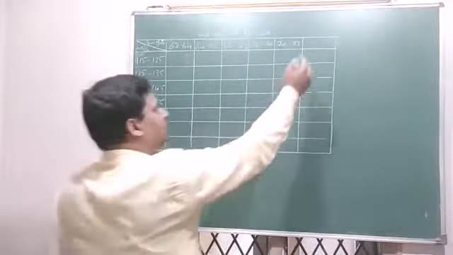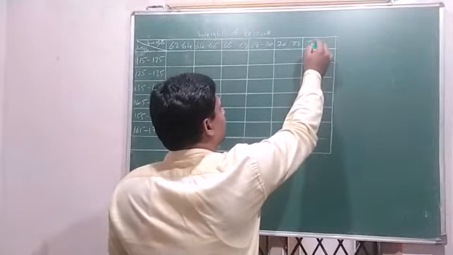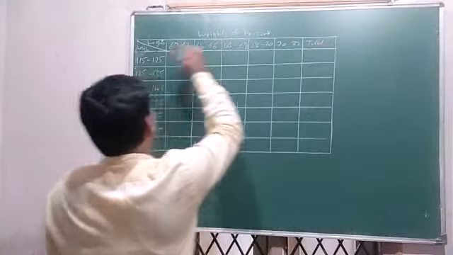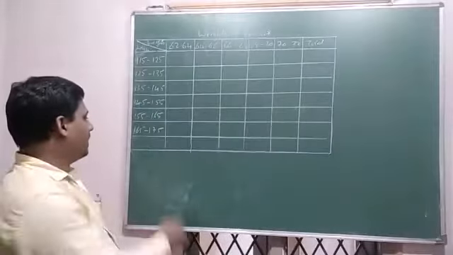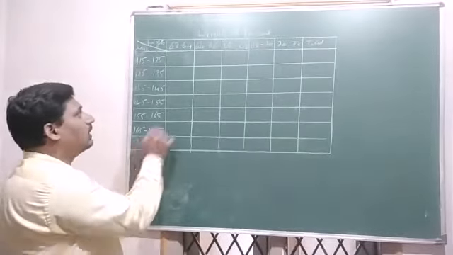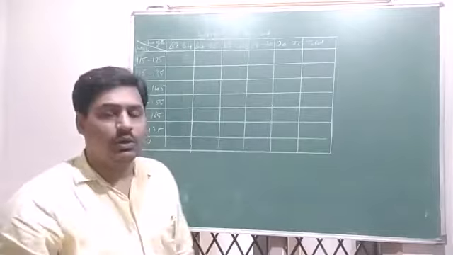These two columns are for total frequency. So we get the frequency of height here, and the frequency of weights in these rows.